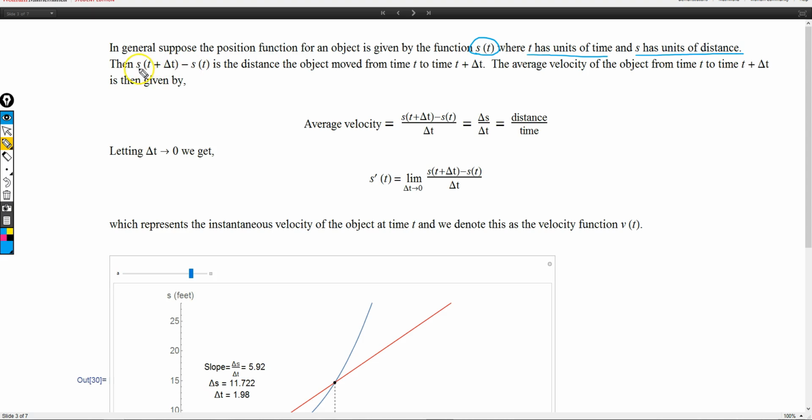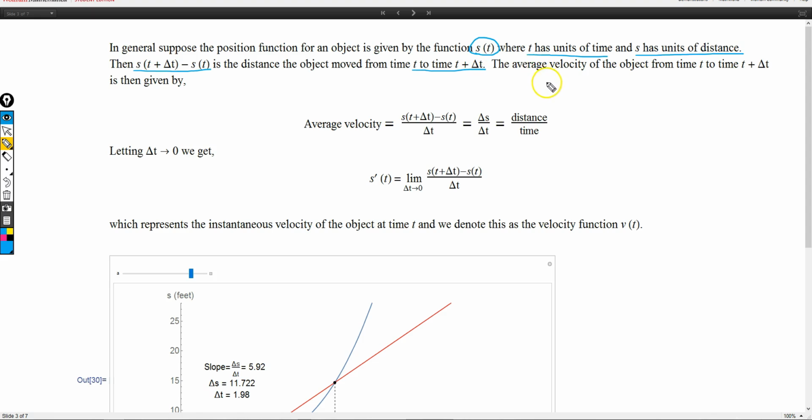Then if we look at s of t plus delta t minus s of t, that's going to be the distance that the object traveled from time t to time t plus delta t. So that's its change in position, or the distance that it traveled from t to t plus delta t.